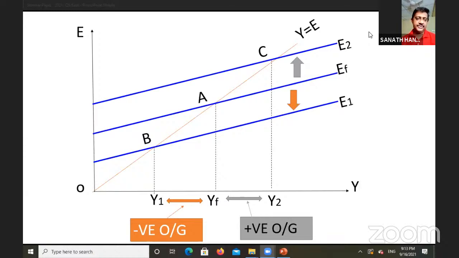Negative output gap means the situation where actual output is lower than potential output.